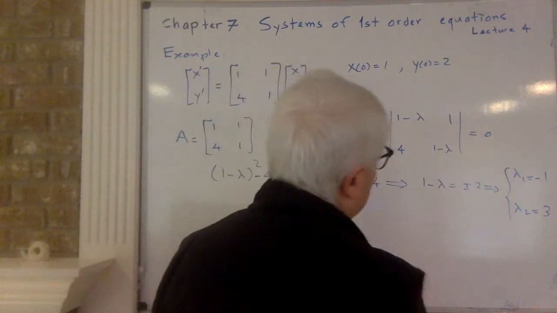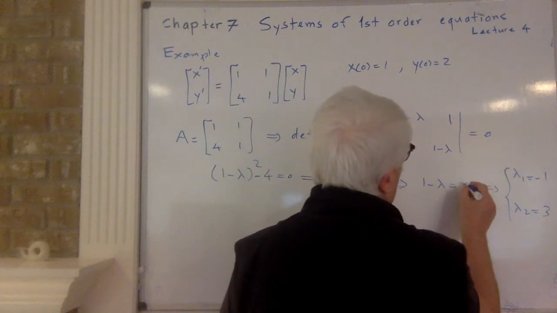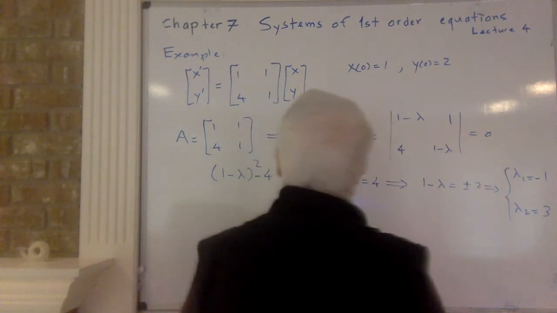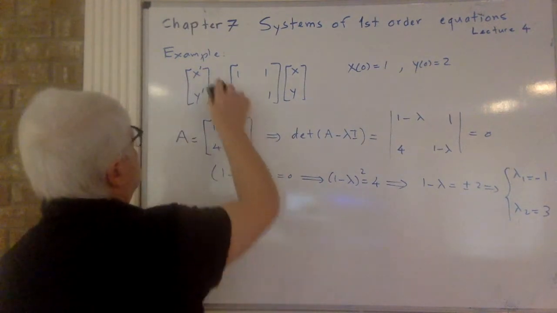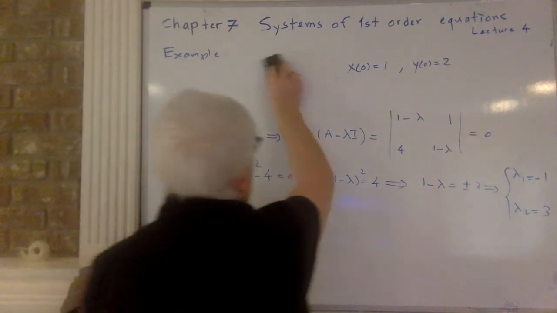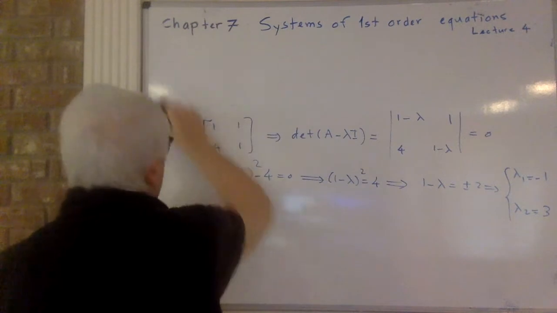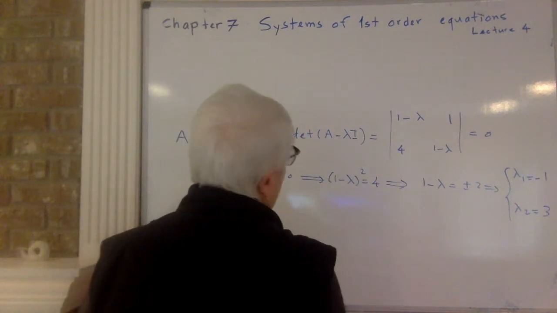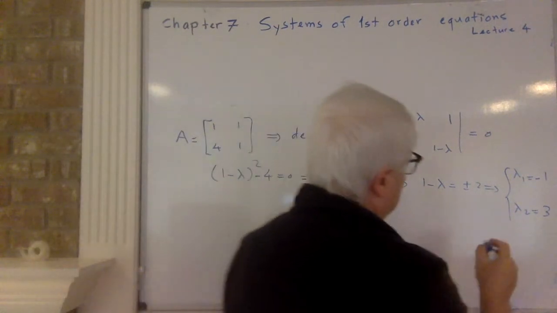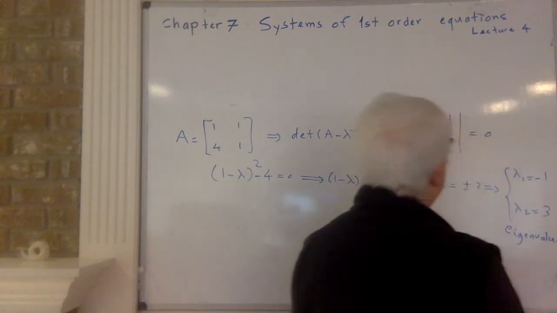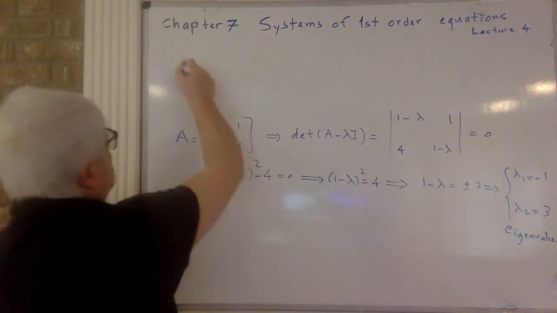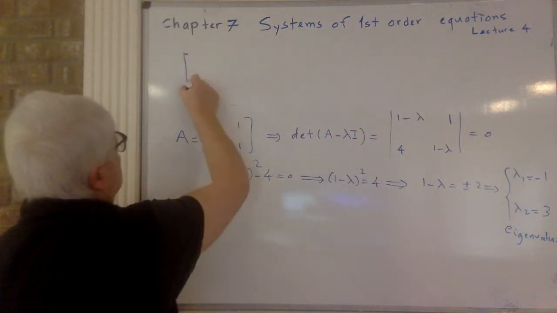So let's find eigenvectors for these two. So those are eigenvalues. Eigenvectors, I should solve this system.